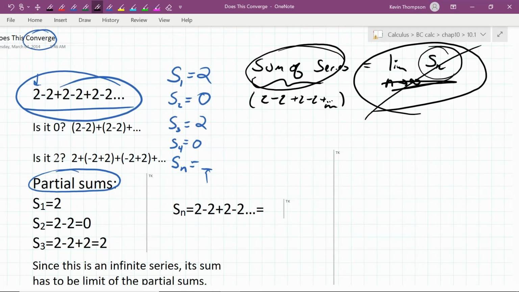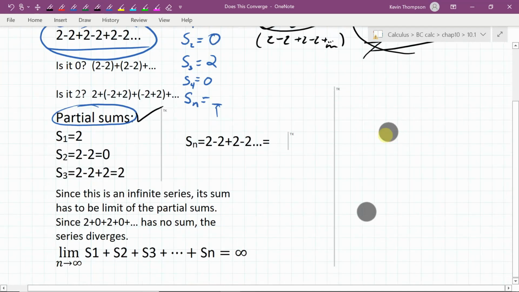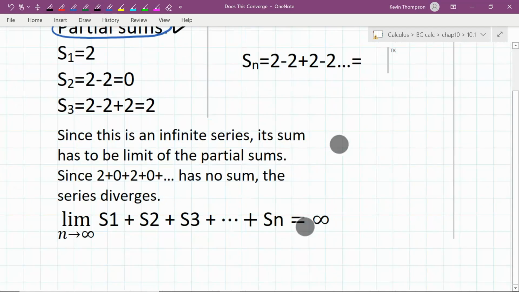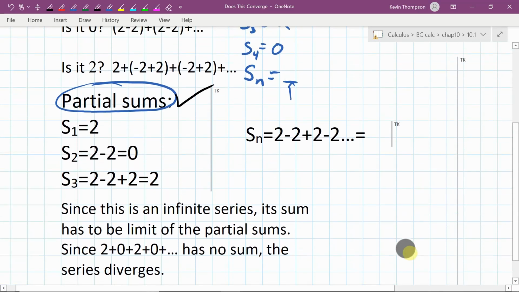So this doesn't converge because the partial sums, that limit doesn't exist. So that's what I've written down here at the bottom, okay? Since it's an infinite series, its sum has to be the limit of the partial sums. Since this has no sum, the series is going to diverge.